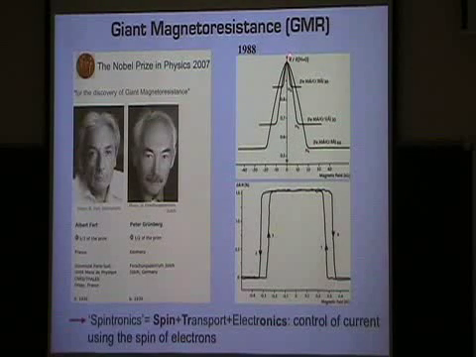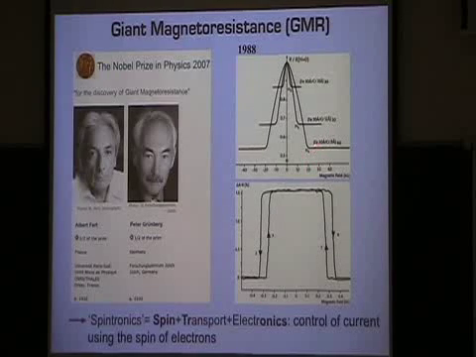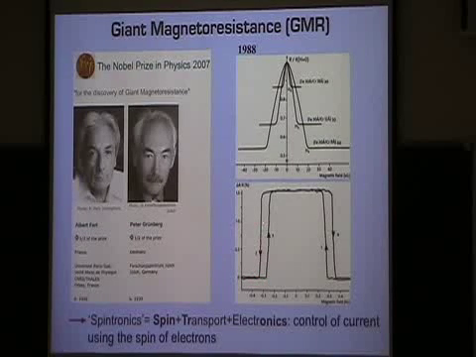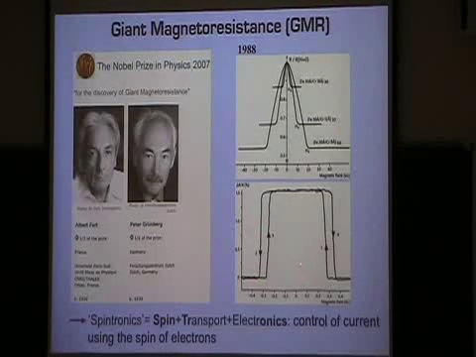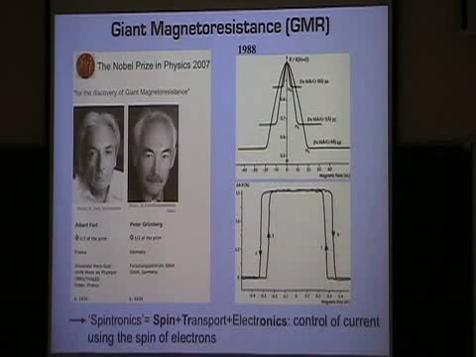This was the experiment done in France in the group of Albert Fert, and they saw a 50% change in resistance at relatively high fields in an iron-chromium multilayer with 60 repeats of the layer. At the same time, the group of Peter Grünberg in Jülich saw in an iron-chromium-iron tri-layer a modest change of resistance, 1.5%, in a much smaller magnetic field.